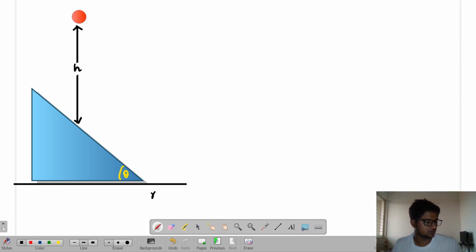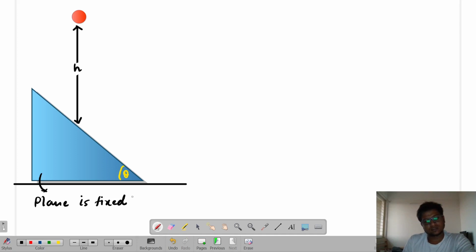Yeah, so the plane is not moving, the plane is fixed always. Okay, so when the ball comes, it will jump, isn't it? So the question is very simple.